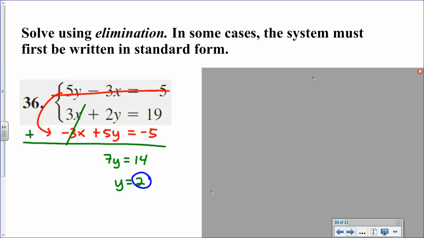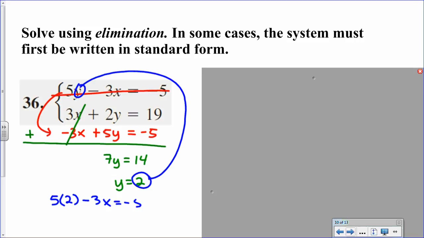And then you can choose any of these three to plug it back into. I like to pick an original just in case I made a mistake when I rearranged it. I'll still go to the top, I just have to be careful to find where my y is. So 5 times 2 minus x equals negative 5.